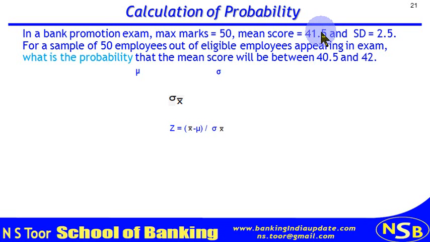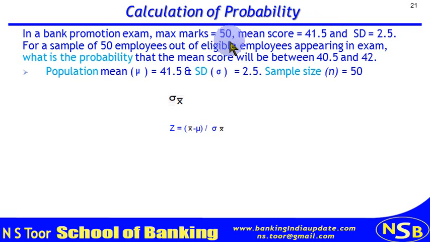Now, how to go about it? Here we are given certain data. Population mean, that is mu, is given, 41.5. Population standard deviation is also given, that is sigma, 2.5. Sample size, that is small n, is also given, that is 50 employees.